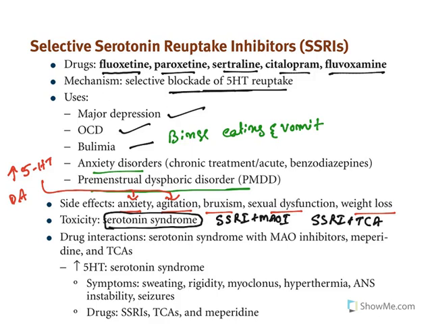If any two classes of antidepressants are used together, it may cause serotonin syndrome. It happens because of increased levels of serotonin. The symptoms are sweating, rigidity, myoclonus, hyperthermia, increase in temperature, and ANS instability, and it may also cause seizures. So, these combinations should not be used because they may cause serotonin syndrome.